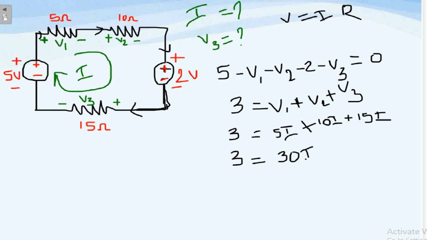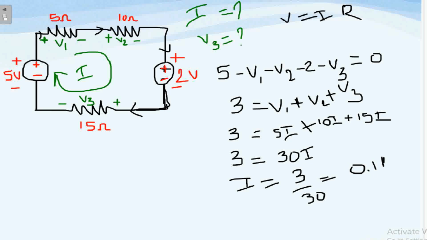So from this, what is the value of I? I is equal to 3 by 30. 3 by 30 becomes 1 by 10, and 1 by 10 is equal to 0.1 amp.